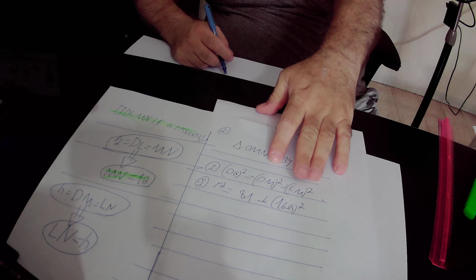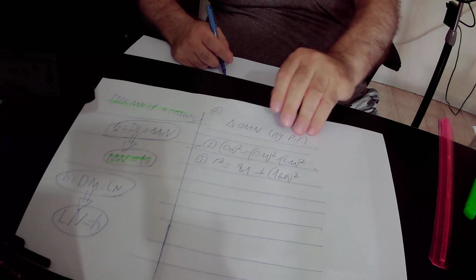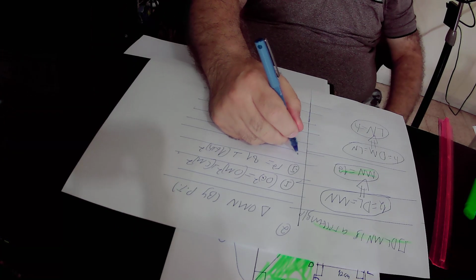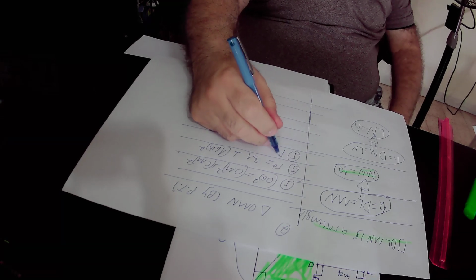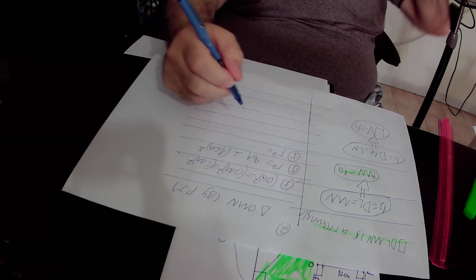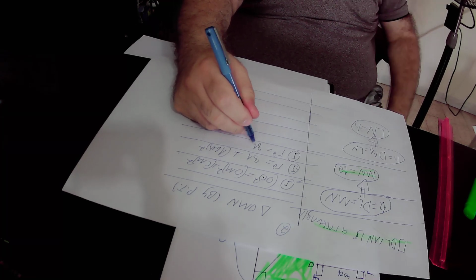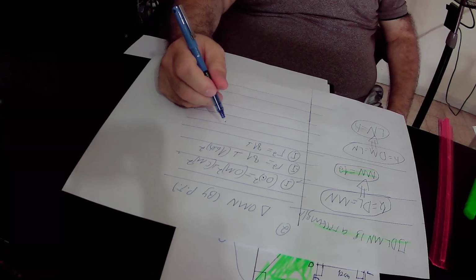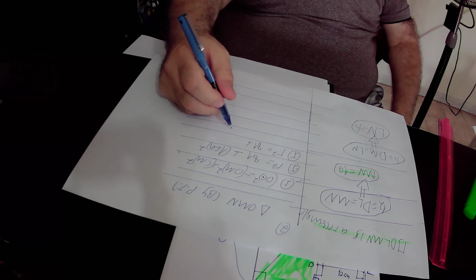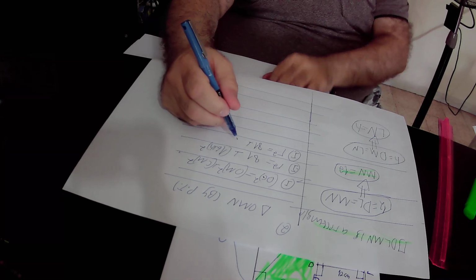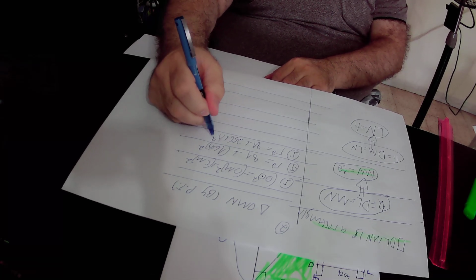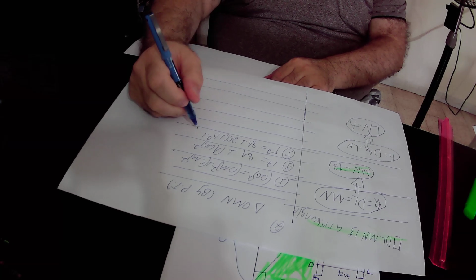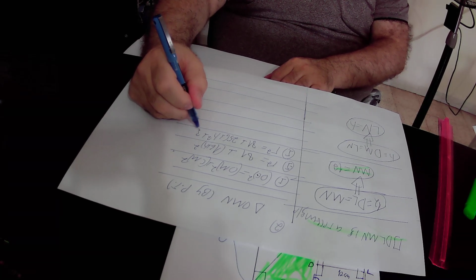Here, we will open the brackets on this side of equation number 1. (16 plus H) square equals 16 square, that is 256, plus H square plus 2 times 16, that is 32, and 32 times H is 32H.